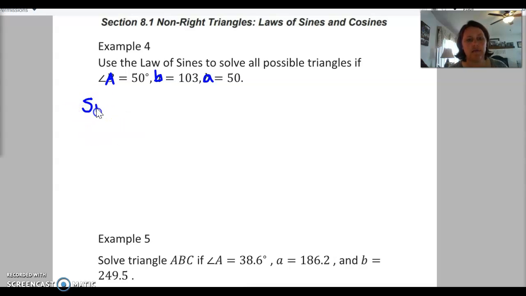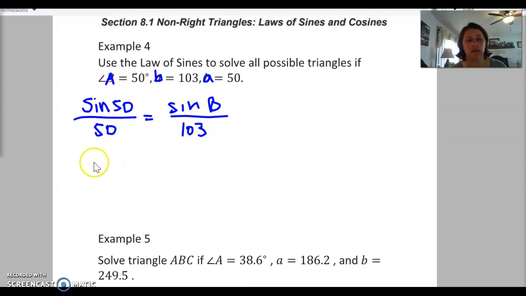Starting off with the pair that they have given us, angle A is 50 degrees and side A is a length of 50. So I can take the sine of 50 over 50 and say that must equal the sine of angle B, which we don't know, over side B, which is 103.